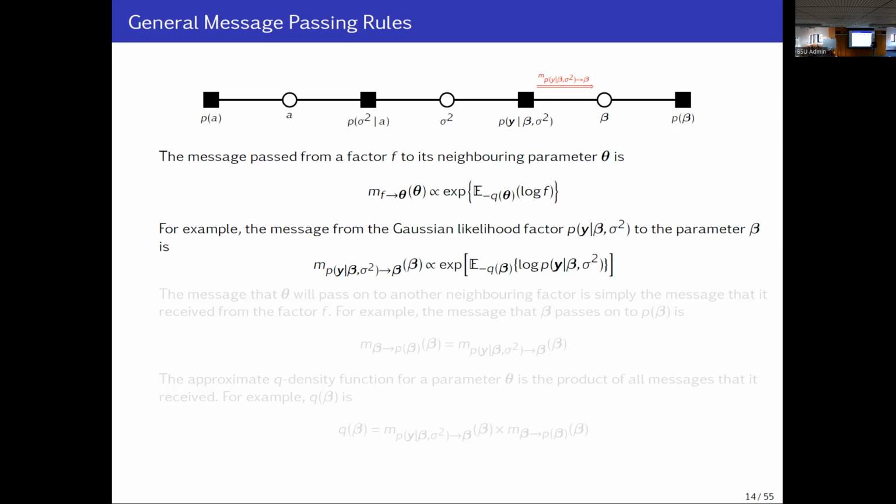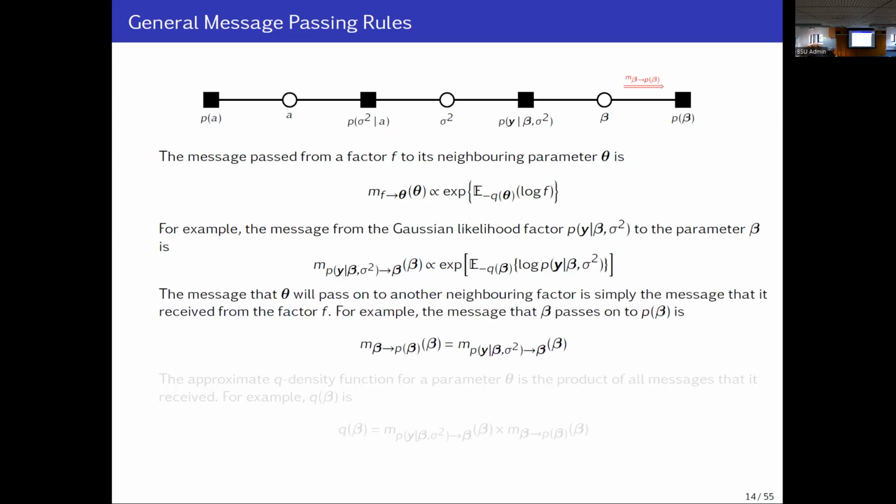We're focusing our expectations and our updates solely on the particular probabilistic specification within the factor. That's the only difference in that update form so far. So we have messages from factors to parameters, and they have that form there.